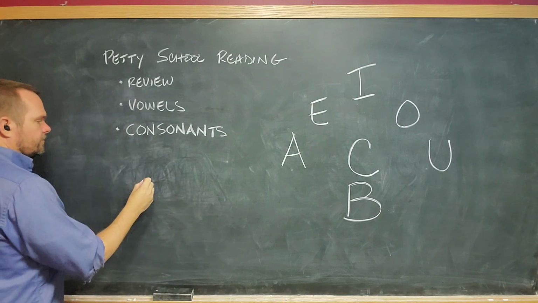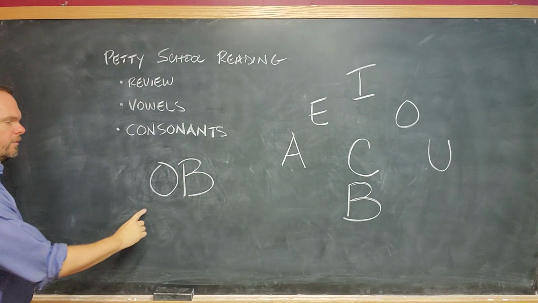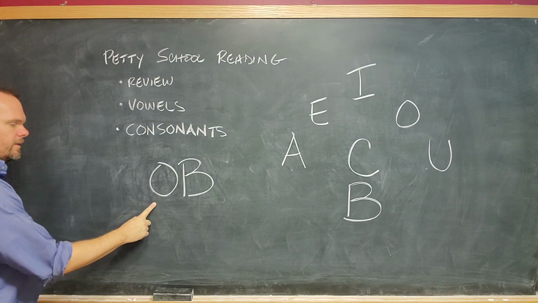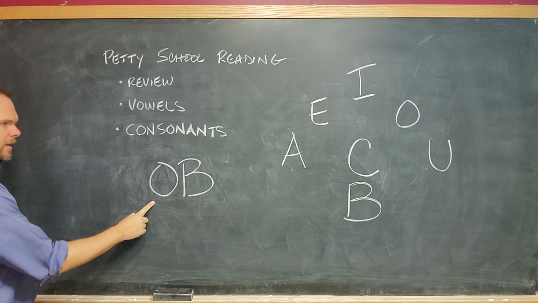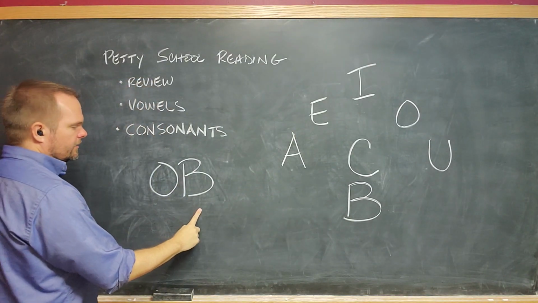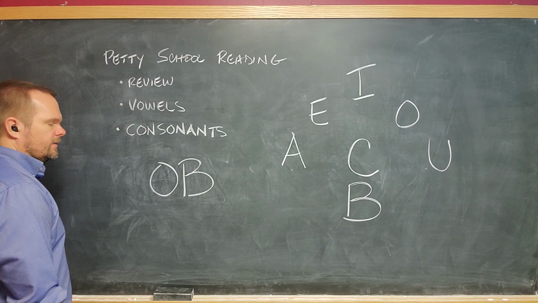How about this one? How do we read this syllable? You should start with the sound of this letter that we learned in our vowels, and you should end with the sound of this consonant that we learned in our last lesson.